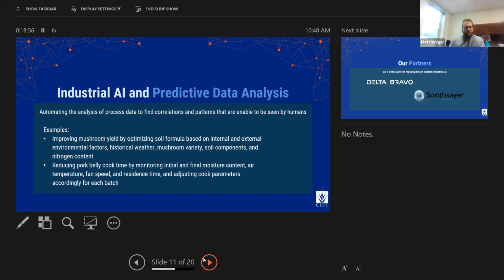This didn't look at nearly as much information, right? The process is substantially more closed. There's less data to gather, to be quite honest, but you don't need 100,000 data sources to appropriately use industrial AI and predictive data analysis, because, as we'll talk about later, the AI aspect of this involves your algorithm getting better over time at predicting process outcomes because it's being trained consistently on new data that your process is generating.